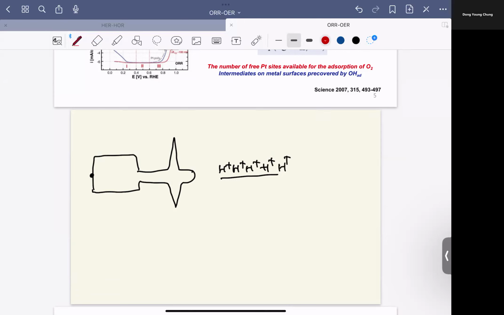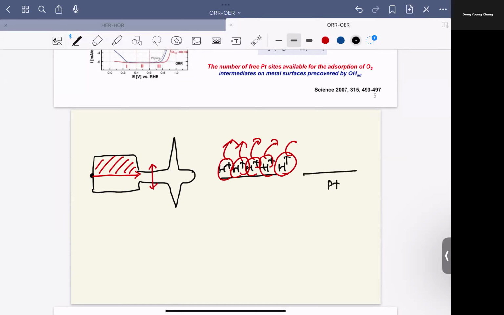the surface is covered by the proton. And if you increase the potential, the charge indicates that there is desorption, right? So the proton can be desorbed out like this. So what about this potential region? Then the platinum surface is fully exposed as platinum metal, right?